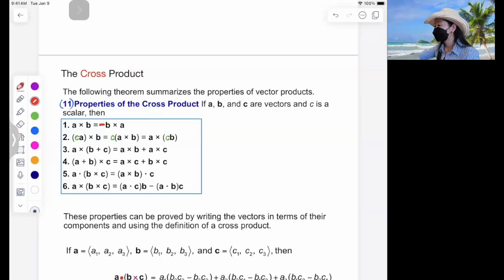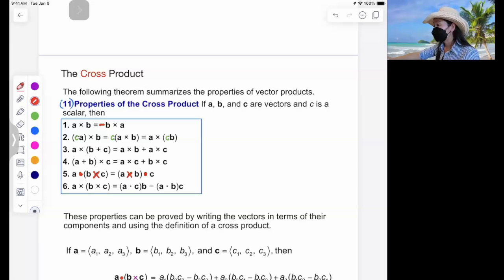This one here, A dot B cross C, is A cross B dot C. Over here you have a dot product, and here a cross product. Later on I'm going to talk about this kind of form, dot and then cross, or cross and then dot. I'm going to talk more about this type of product.